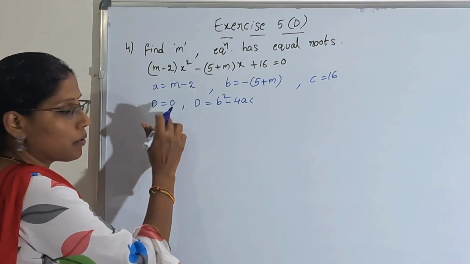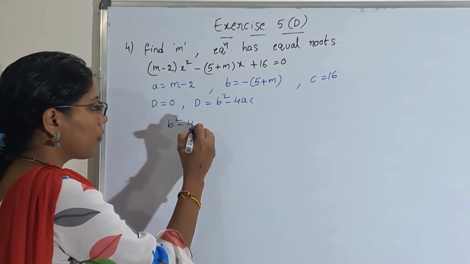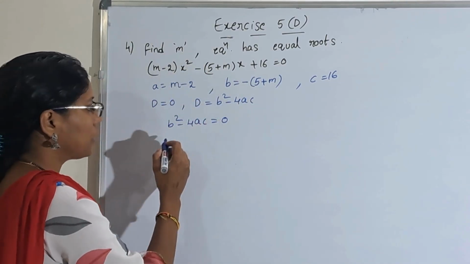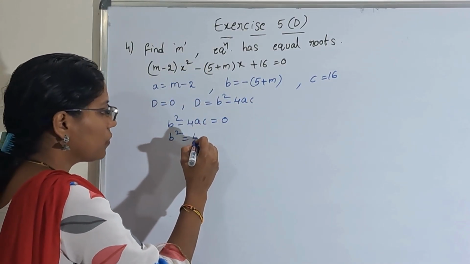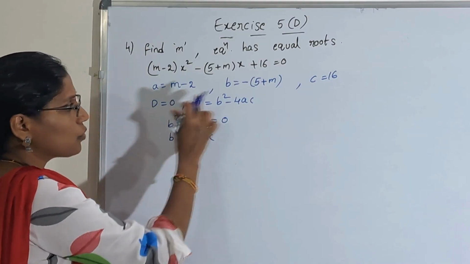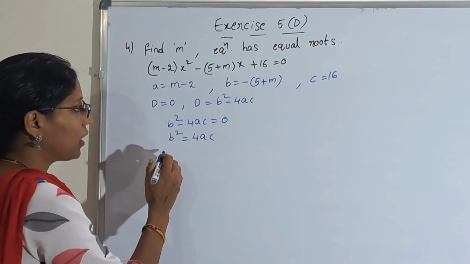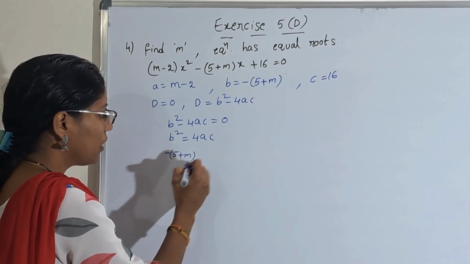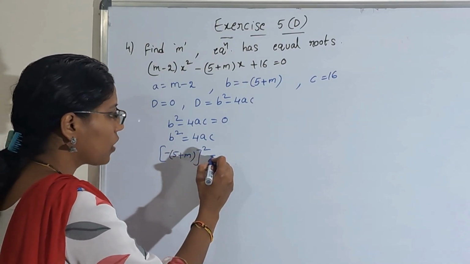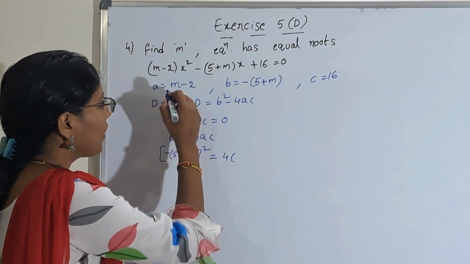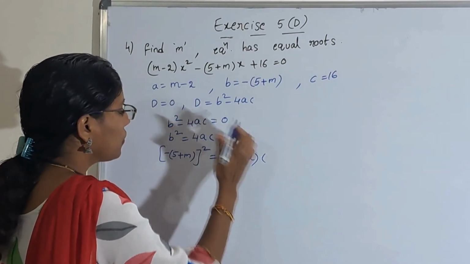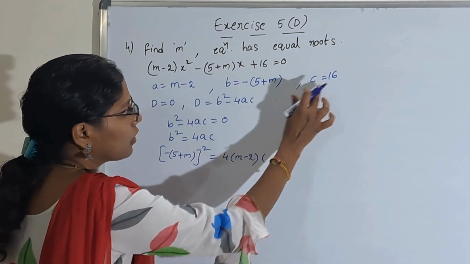D value 0, b square minus 4ac equal to 0. 4ac we have to shift to the right side. b square is equal to 4ac. Substitute all these three values in this formula. Here minus of 5 plus m whole square equal to 4 into a value m minus 2, c value is 16.